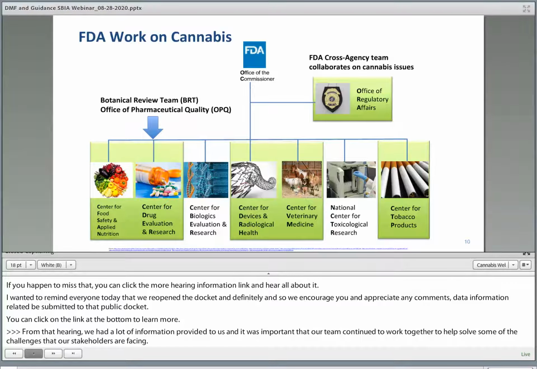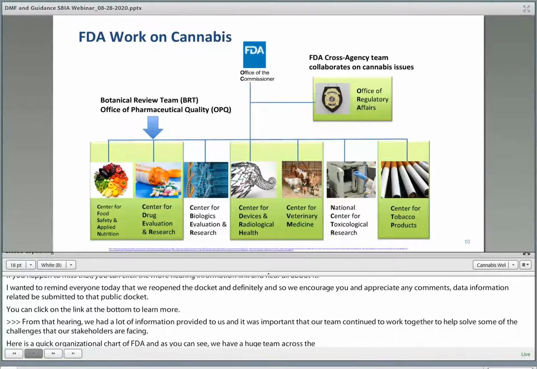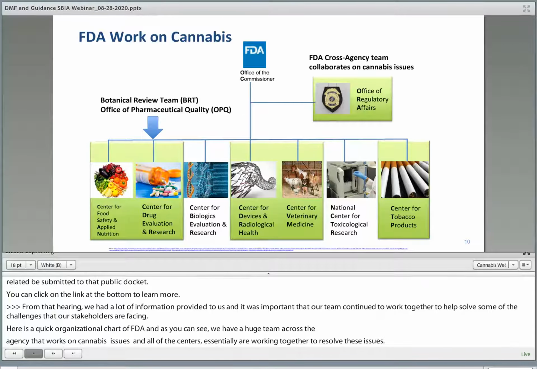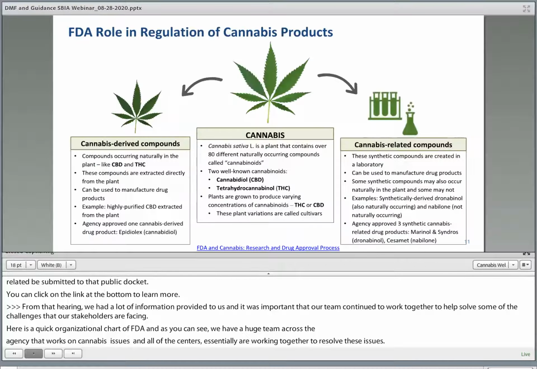And as a quick reminder, I'm on the Botanical Review Team, which is in the Office of Pharmaceutical Quality, and I live here in the Center for Drug Evaluation and Research. So all of our centers are working together to resolve a lot of the challenges and try to find solutions that the stakeholders are talking about.